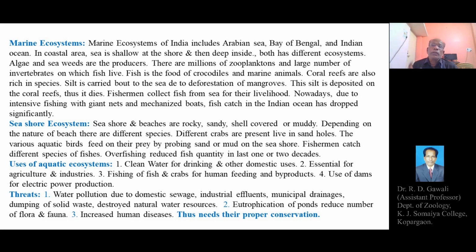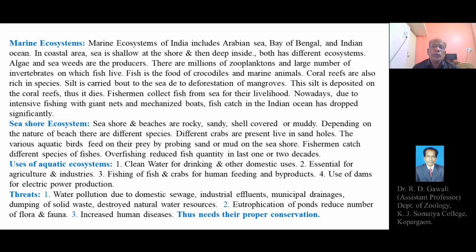Due to domestic sewage, industrial effluents, municipal drainages, and dumping of solid waste, natural water resources are destroyed. These are the different sources of waste which can be released into the nearby aquatic water bodies, and thus the water of these aquatic resources gets polluted.